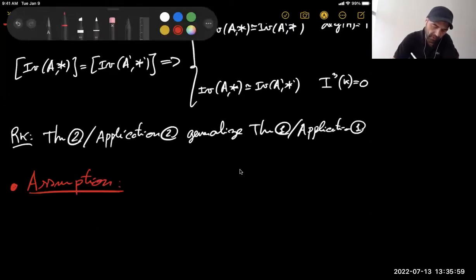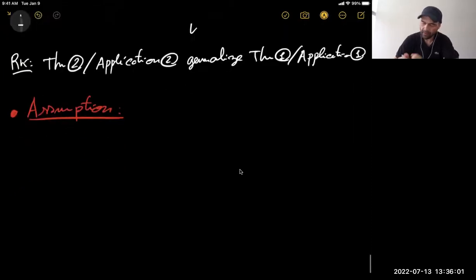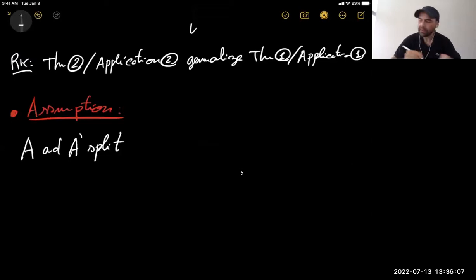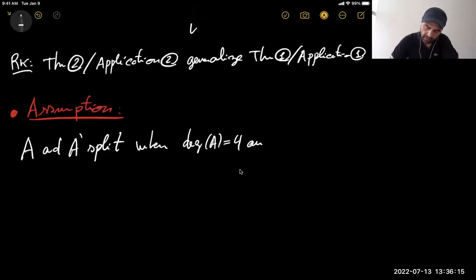And the assumption is the following: I need to assume that A and A prime are split precisely in this situation, precisely when the degree of A is 4 and the discriminant is trivial.